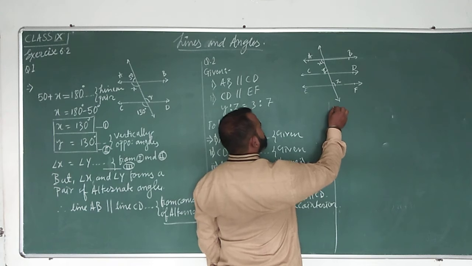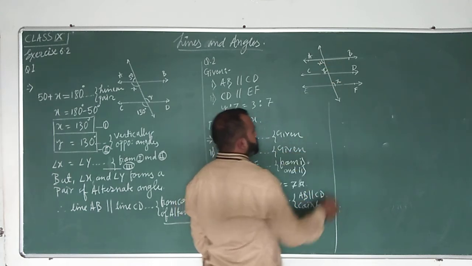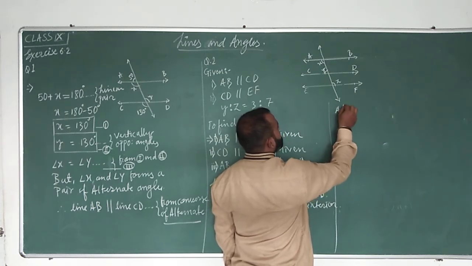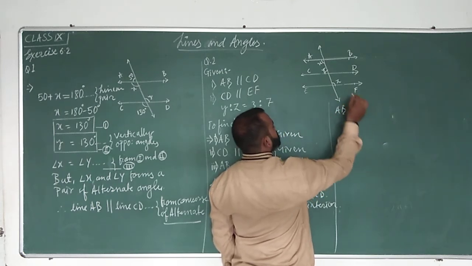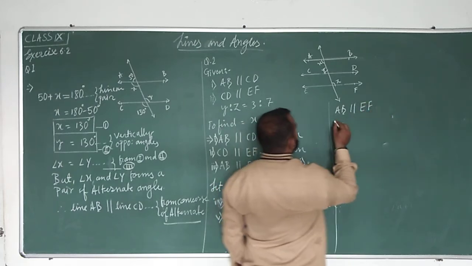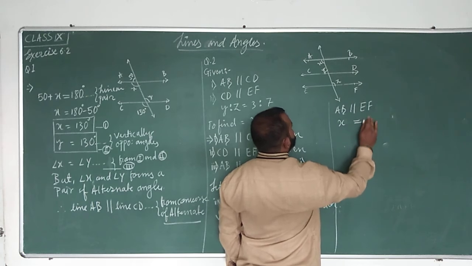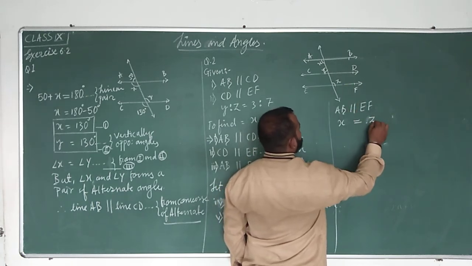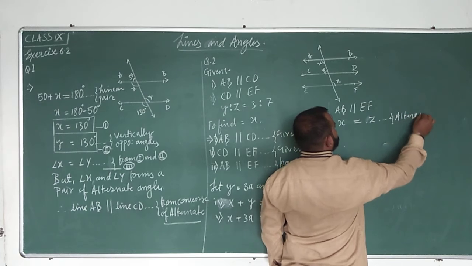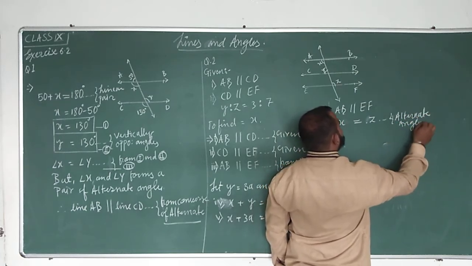Angle x and angle z form alternate angles, as AB is parallel to EF. Therefore, angle x is equal to angle which one? Z. Reason: alternate angles.